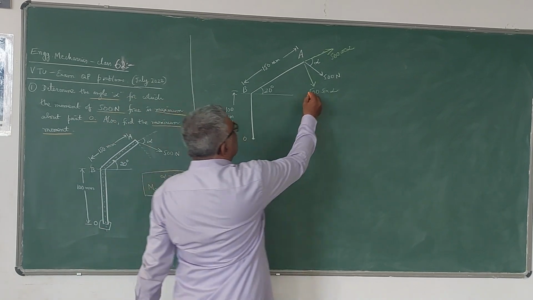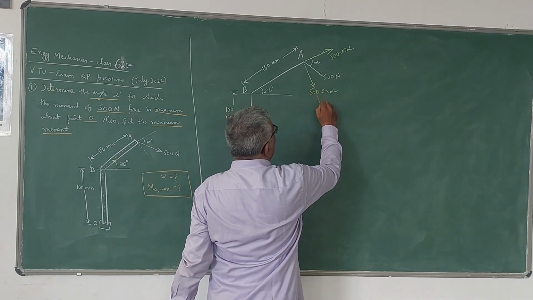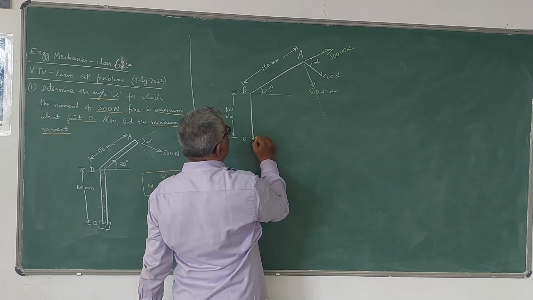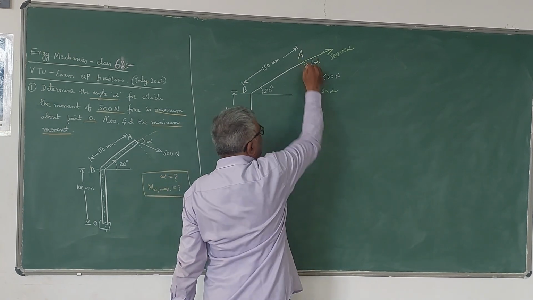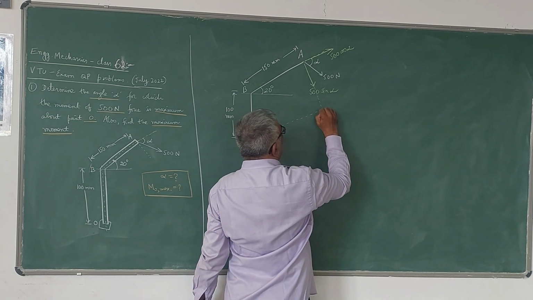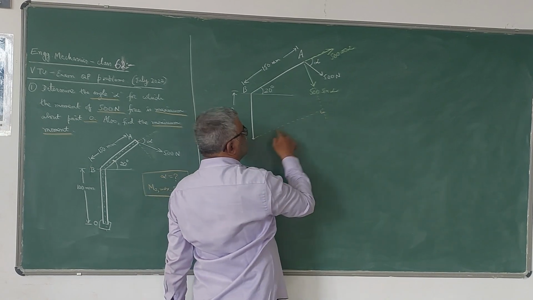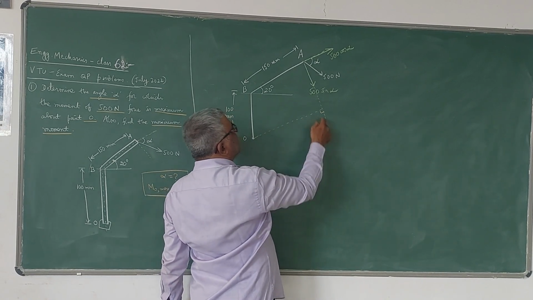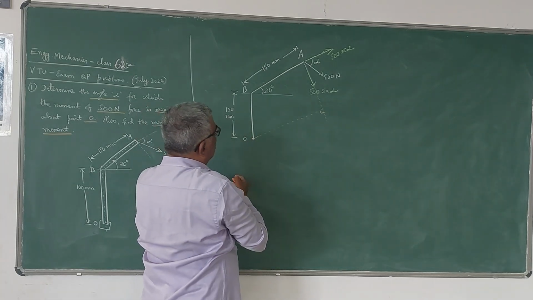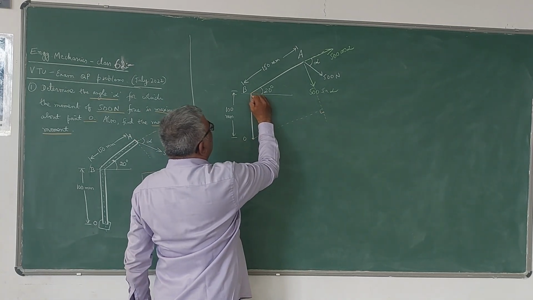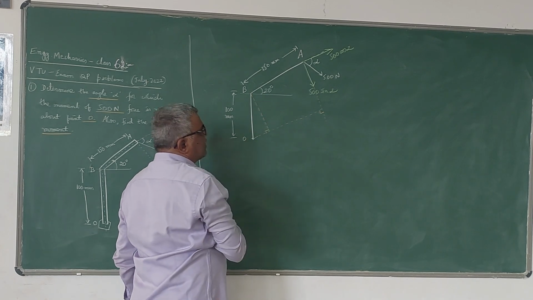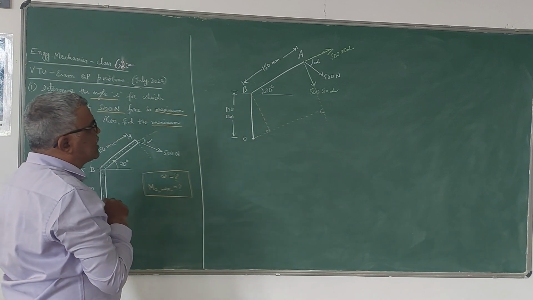Now let me extend this like this. We need to calculate the perpendicular distance from O to this line of action. That means this distance I need to calculate. Once I calculate this distance, multiplied by this 500 sin alpha, it gives the moment about the point O. So now I will drop an ordinate here like this.